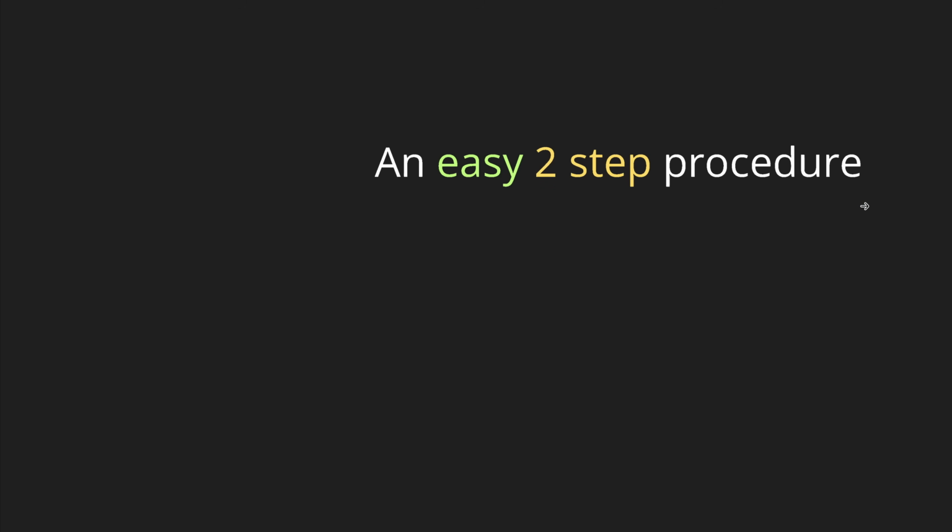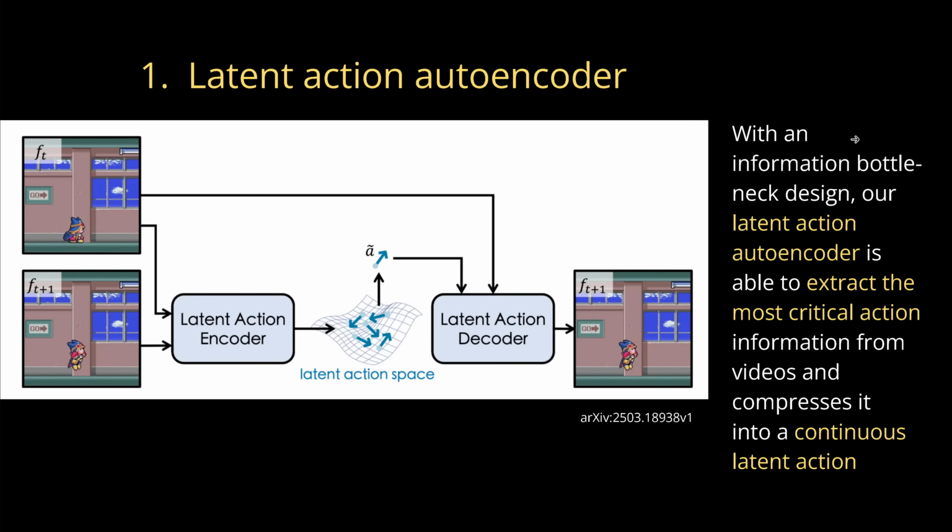But in general, coming back, we do have a very easy two-step procedure that you know from the last video on N1 by NVIDIA AI. So, easiest one here from the paper, the latent action autoencoder. So we have a frame at a time t, and then we have a frame at a time t plus 1.